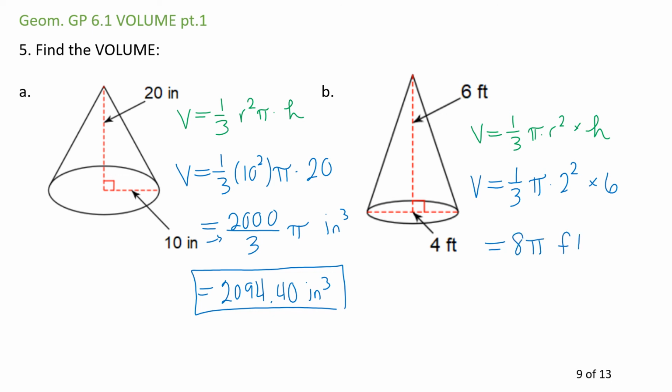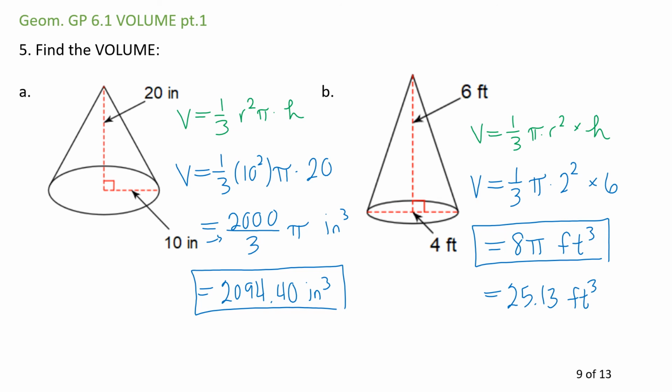And notice the difference between these two. 8 pi is a nice, neat looking number, whereas 2,000 over 3 pi is not. But I am still going to get a decimal approximation. It's about 25. That's anything that comes to a point that you can poke yourself on.